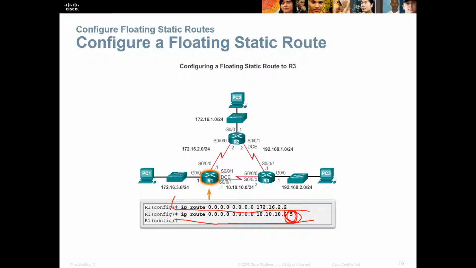You can always do a space and a number, and that will be the administrative distance. That way, it will use the first route possible. If that's no longer possible, the second route will come into play. And it has a higher administrative distance, so it will only be a backup.